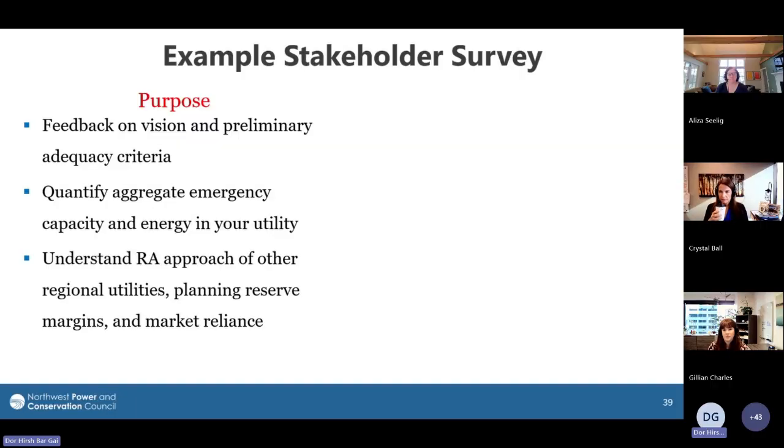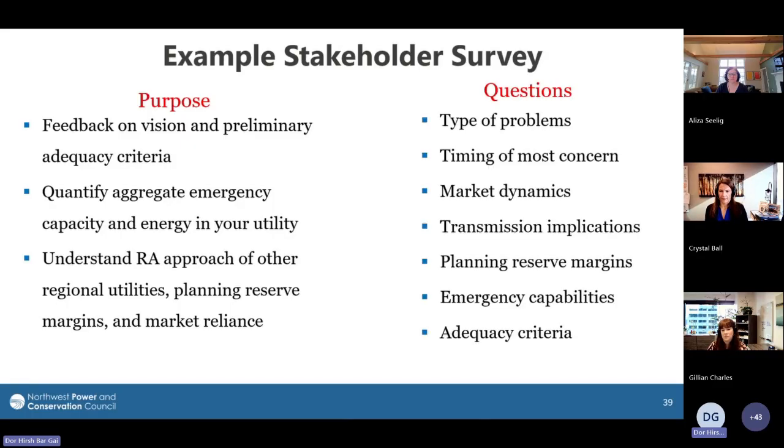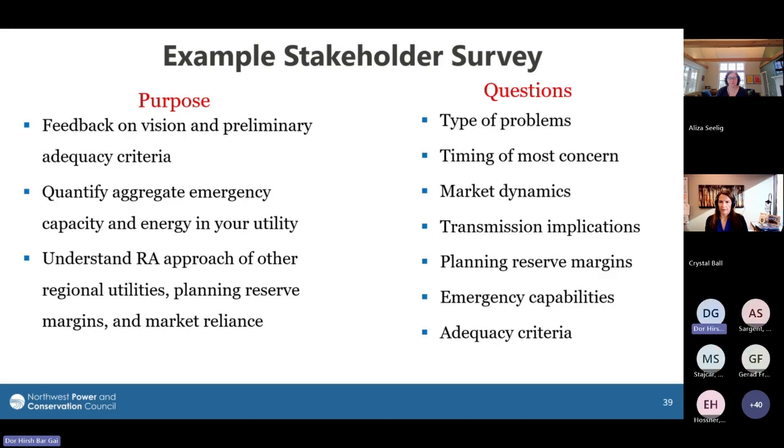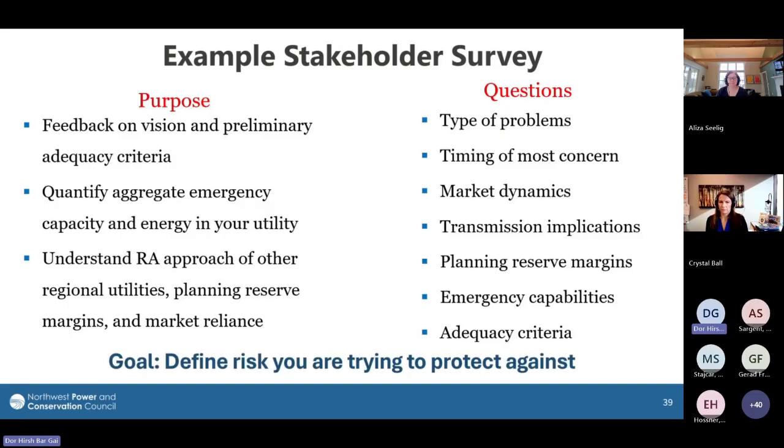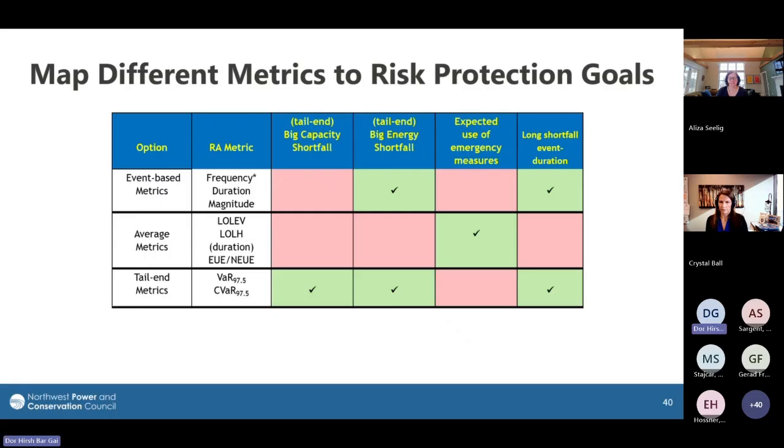The purpose of the survey that we went through was really to get feedback on our provisional vision and adequacy criteria. And the goal was to quantify the emergency measures and understand our thresholds. Questions include type of specific problems, what are you most concerned about, again, market, transmission, all of these different things that you could find your own questions, but the goal is to define the risk you're trying to protect against. This is where it comes back to the metrics. Some of you have seen this before.